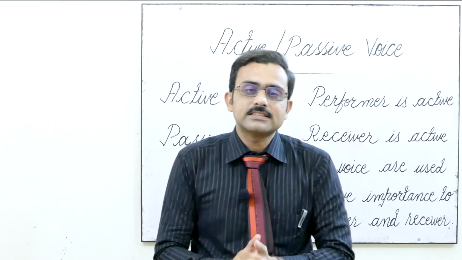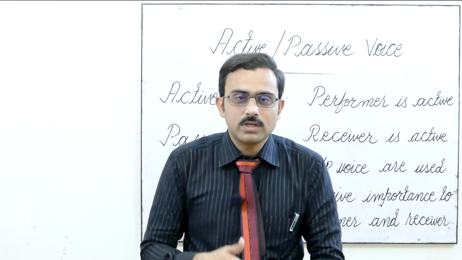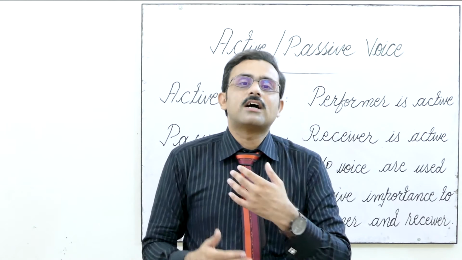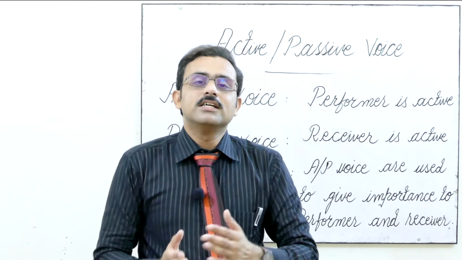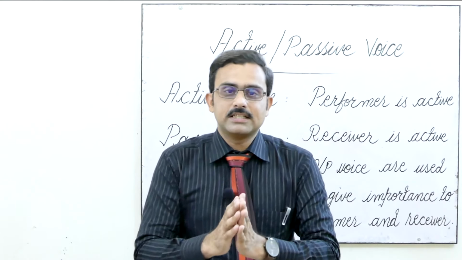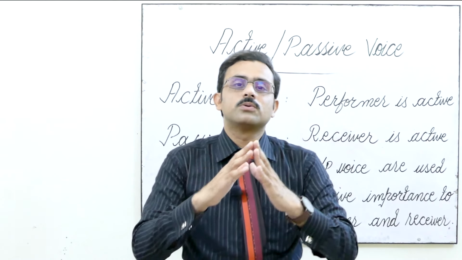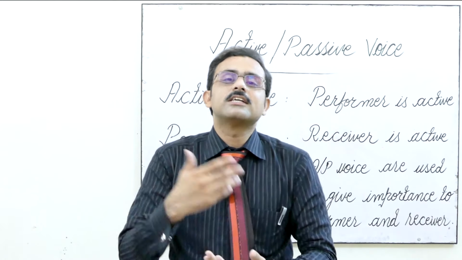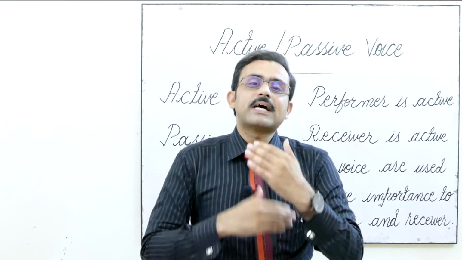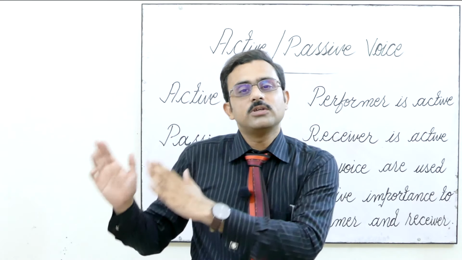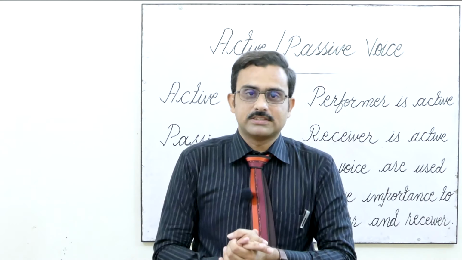Some of the sentences are in active voice and some are in passive voice. I said that voice is basically the whole phenomenon, the whole drama of sentences in English grammar. But we specify this voice into two categories: one is active voice sentences and the second is passive voice sentences.